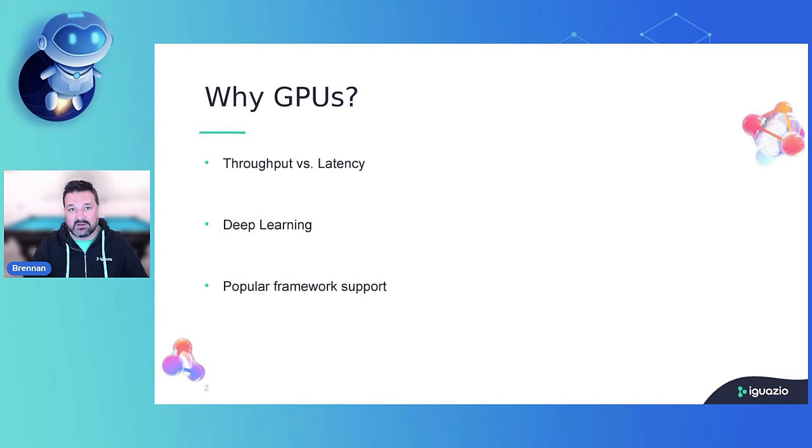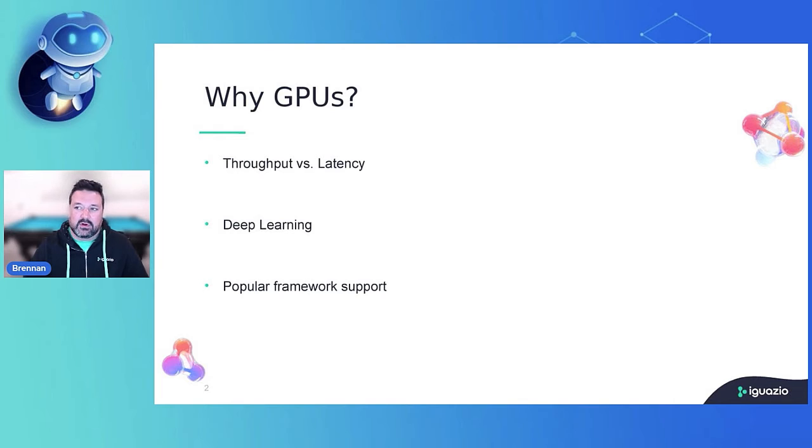So it's not just for computer graphics, you can do other calculations on them. This is where we start to enter into our domain as data scientists, which is using them for machine learning type tasks. And that is very interesting because now you've got this piece of technology that was built for throughput, whereas CPUs don't handle throughput very well, not at the scale we're talking about.